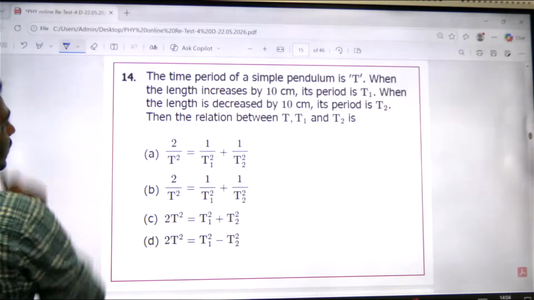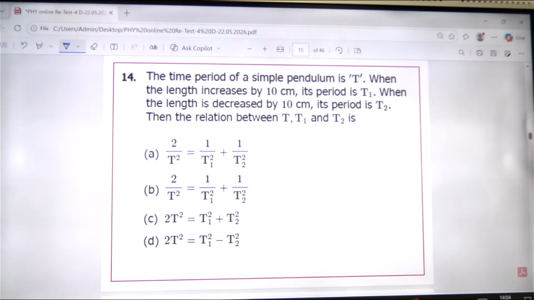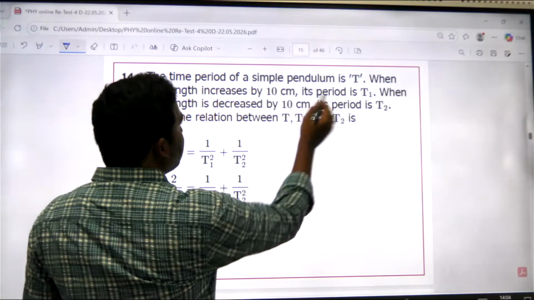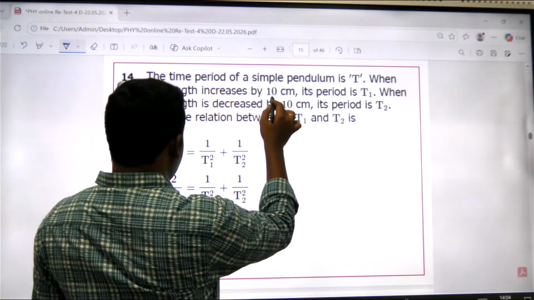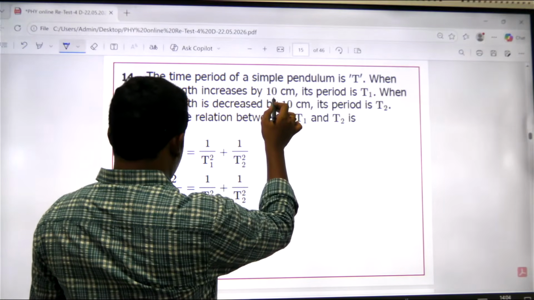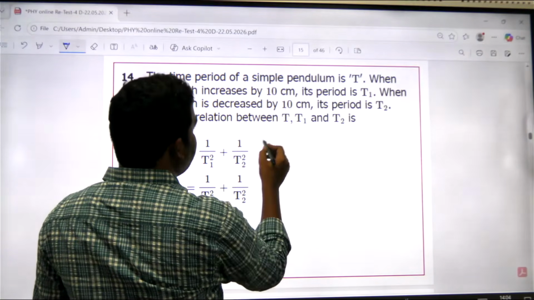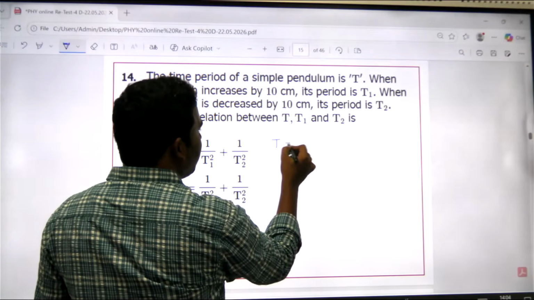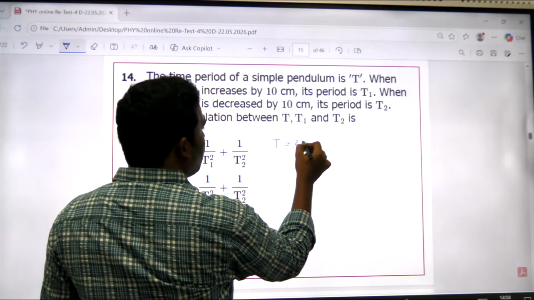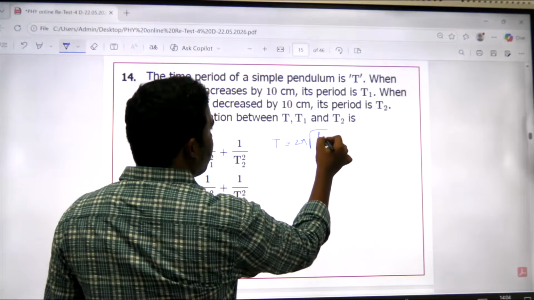Question number 14. The time period of a simple pendulum is T. What is the time period when the length is changed? The initial time period is T equals 2 pi into the square root of L by g.